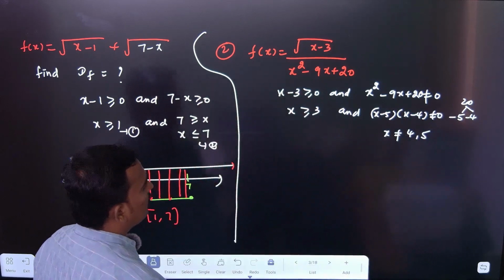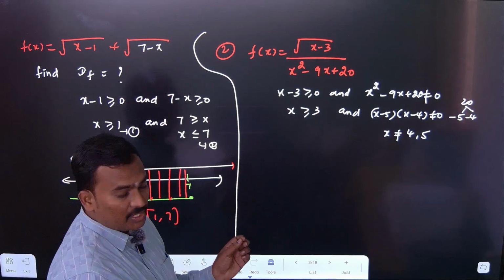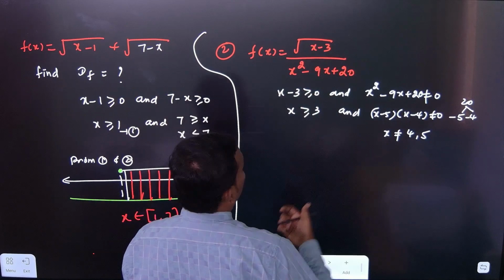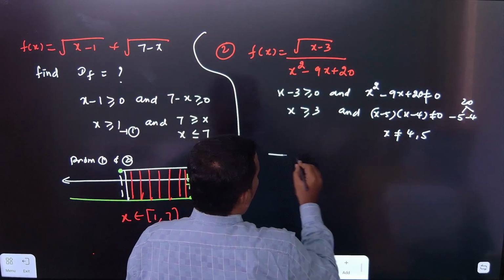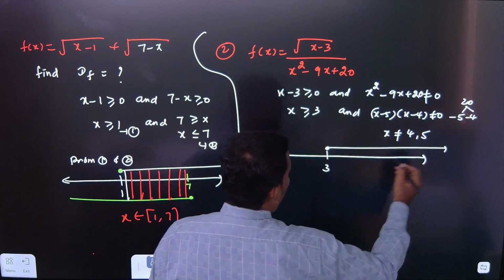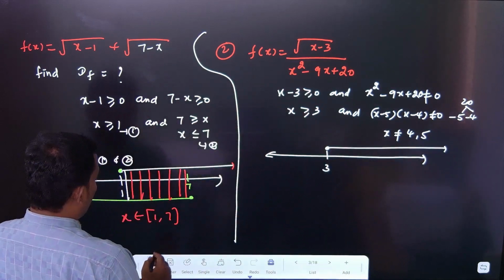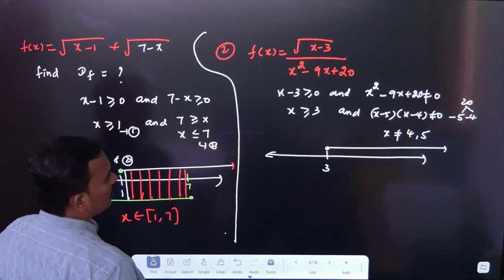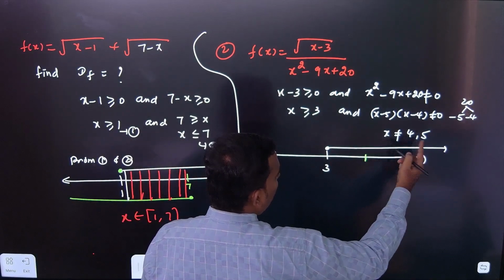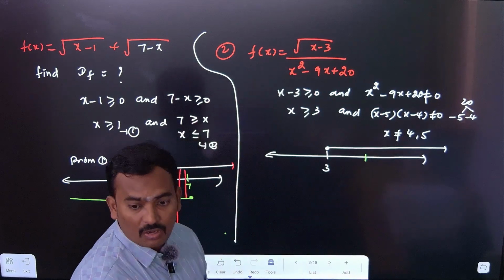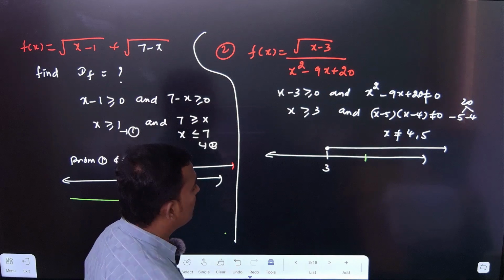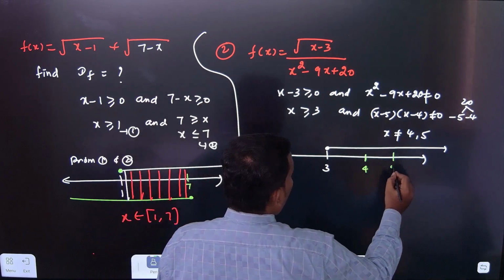Clear? So we need to take the intersection of these two things because the division of these two expressions is there. Okay, so you can see here is 3, it is 3 or more than 3, and then after that you have to not include it. So 4 and 5 are not included. You have to take any real number other than 4 and 5. So this is 4 and 5 here.